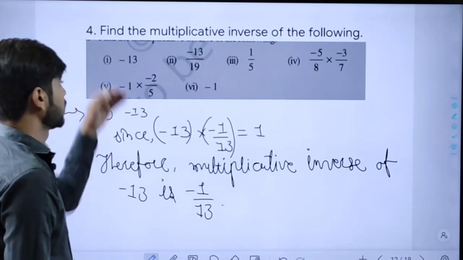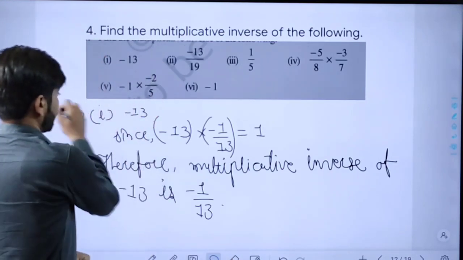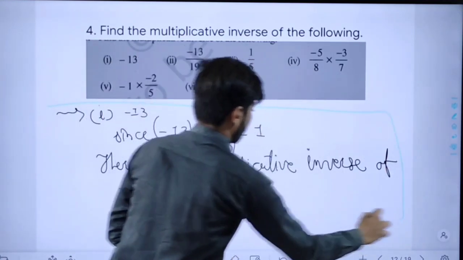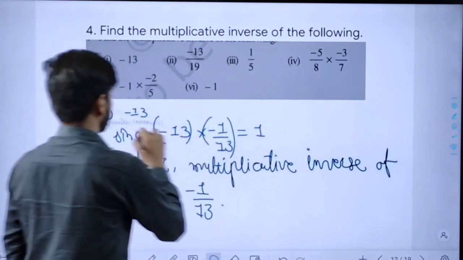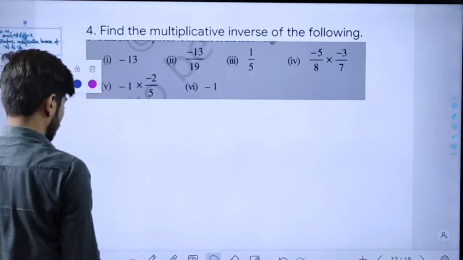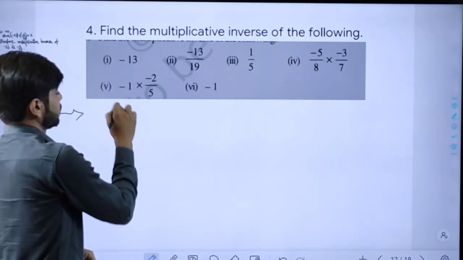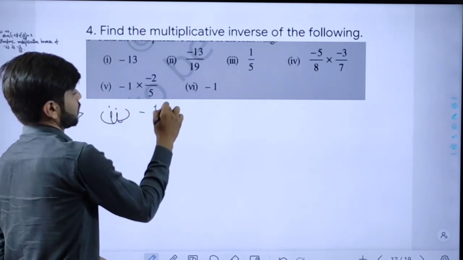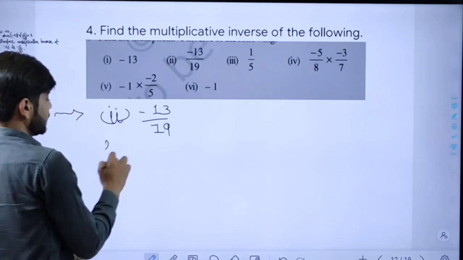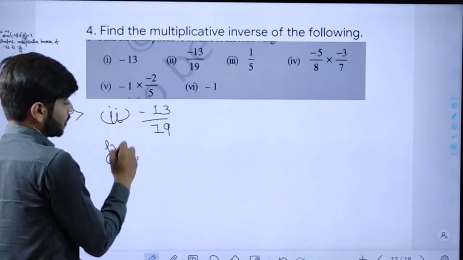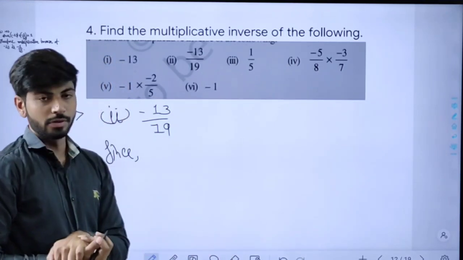Okay, let's now do the second, minus 13 upon 19. Since which number will we multiply with minus 13 upon 19 to get the answer 1?